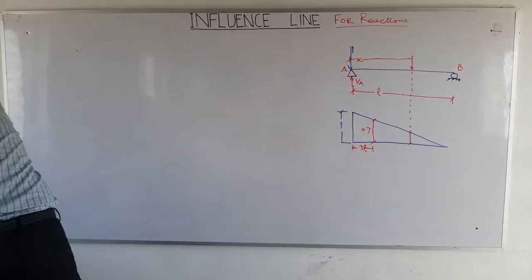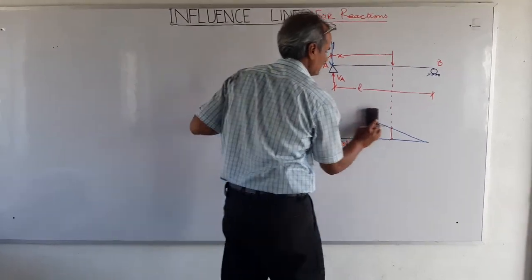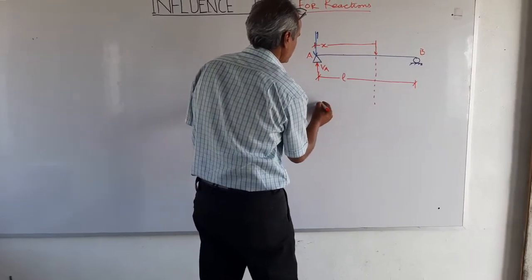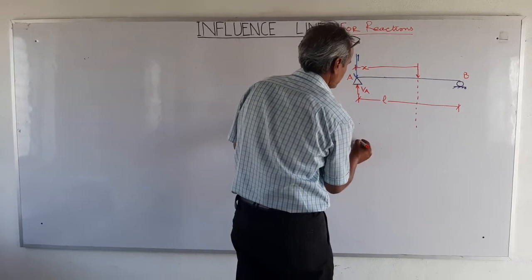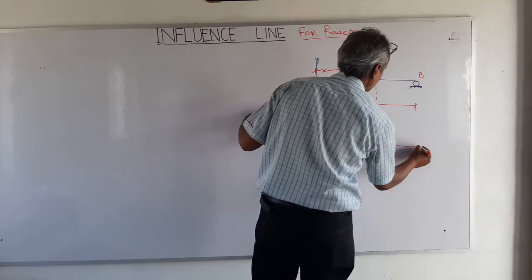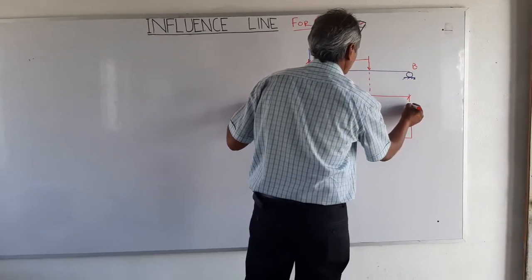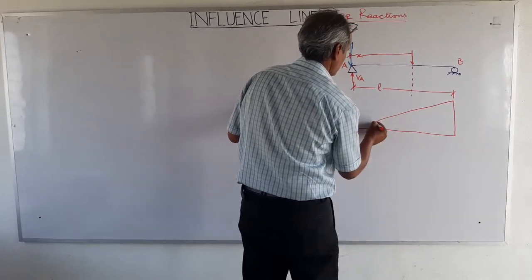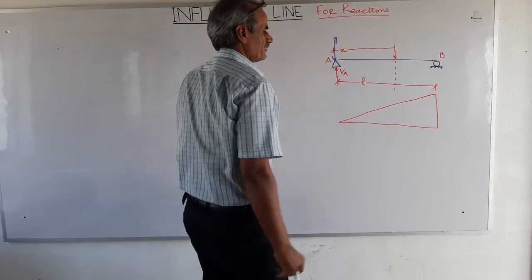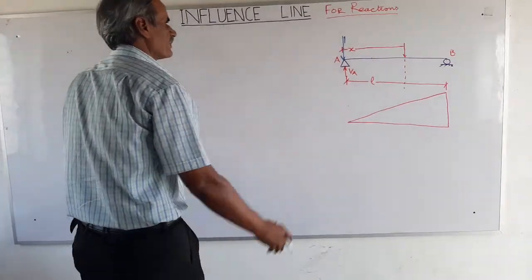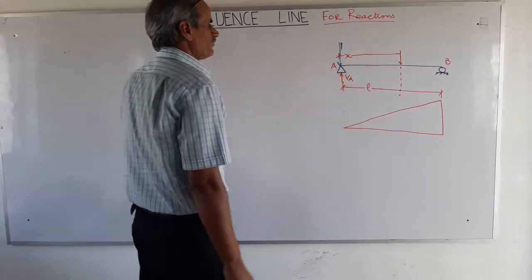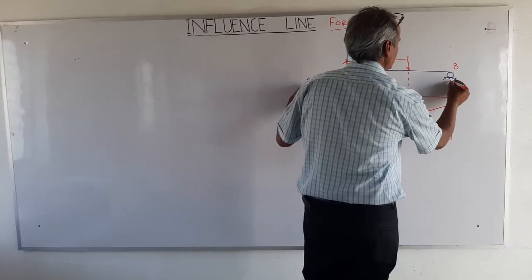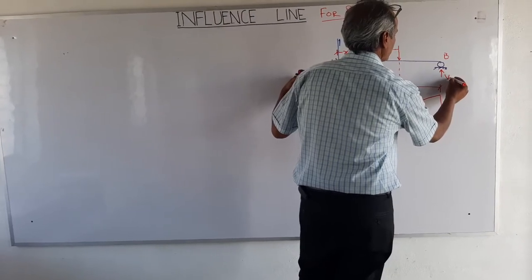In other words, from our qualitative analysis, we can imagine that it will be unit over here and it will be 0 over here. Now the expression for this, to find out VB, now we are finding out our influence line for VB.